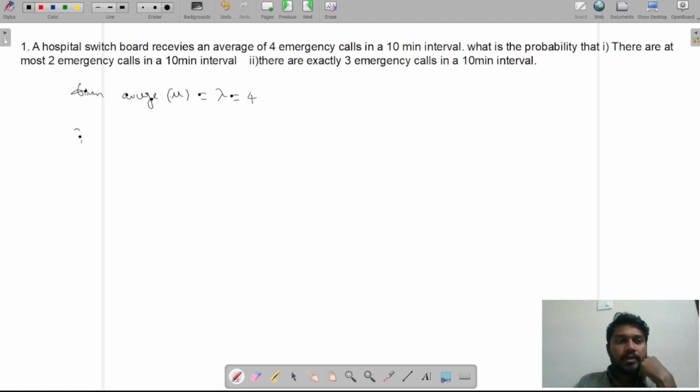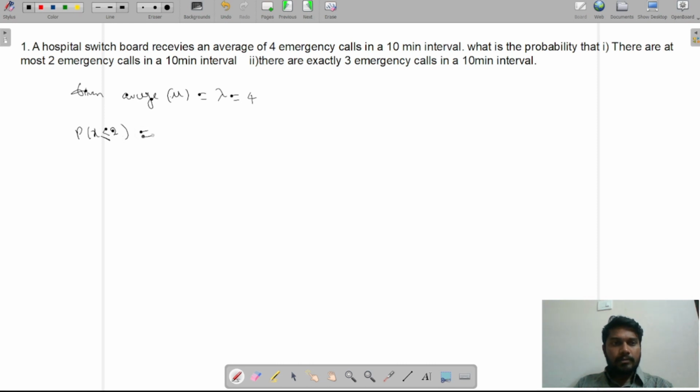The hospital gets at most 2 emergency calls in the 10 minute interval. How can I denote it? At most 2 emergency calls, so P of x less than or equal to 2.